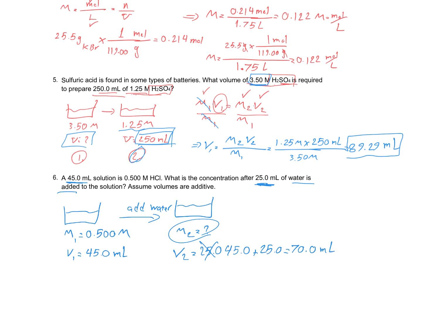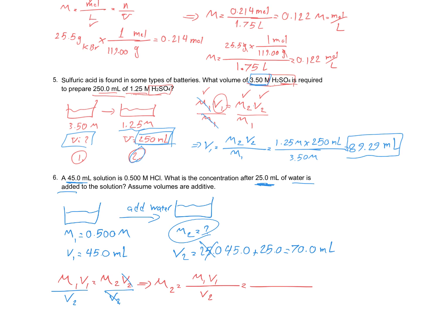We are solving it for M2. M1 V1 equal M2 V2. Solving it for M2 is M1 V1 over V2. If you divide both sides by V2, you can cancel these two, and this is how we get it.